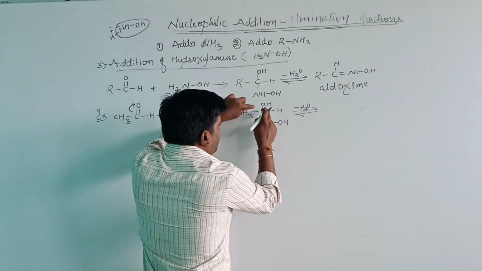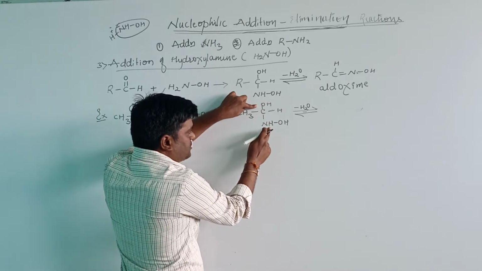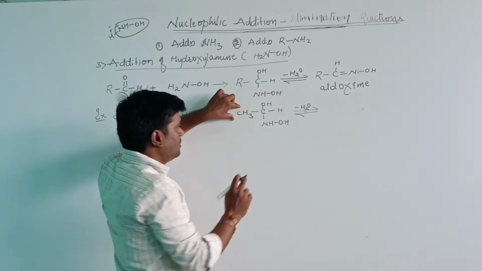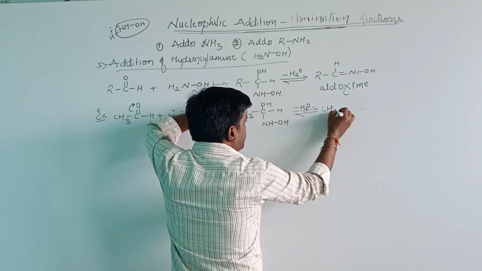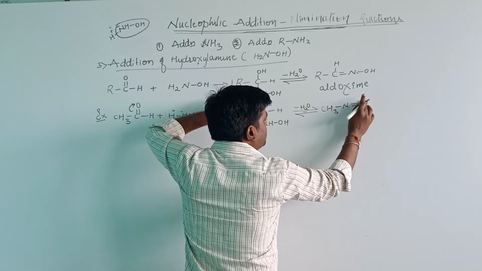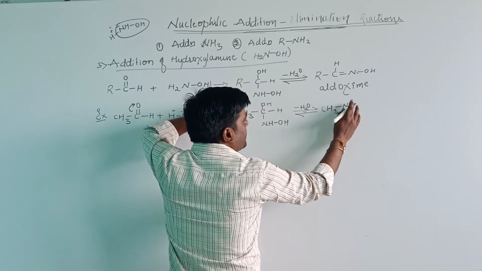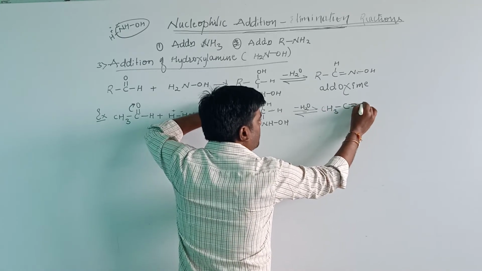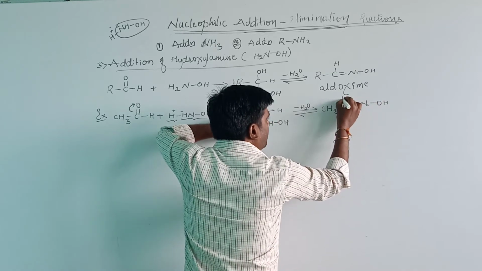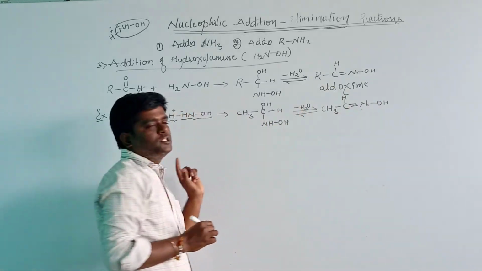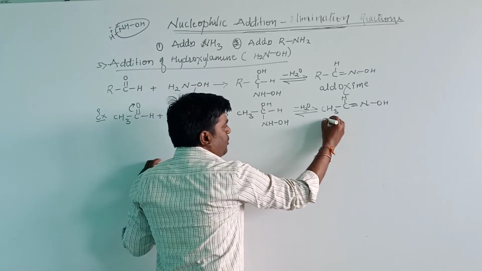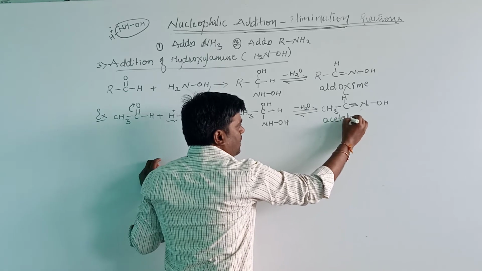Here one OH group combined with the hydrogen attached to the nitrogen and gets converted to water molecules, and the remaining part is CH3, C double bond N, OH, and here one hydrogen is there, and the compound is known as acetaldoxime.